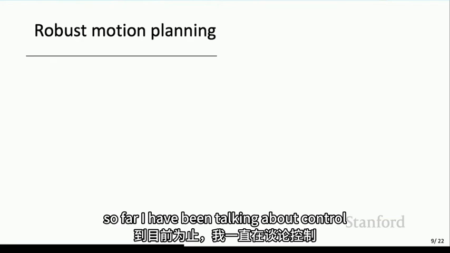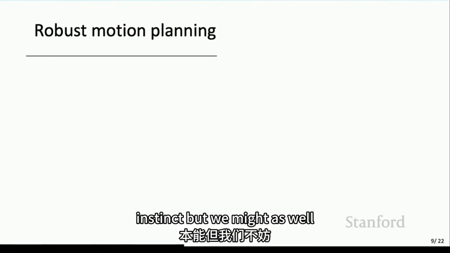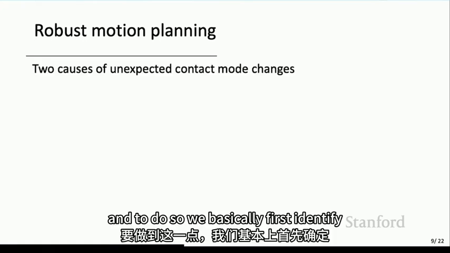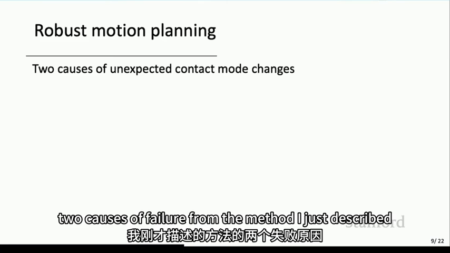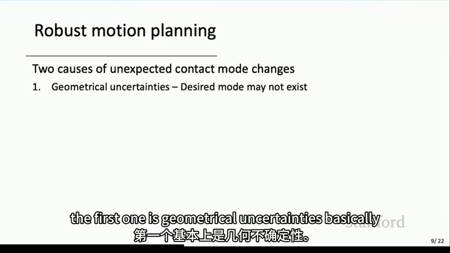So far I have been talking about control, basically how do we make sure things don't go wrong at one time instant. But we might as well extend that time horizon a little bit and do planning for robust motion over a longer horizon. To do so, we first identify 2 causes of failure from the method I just described. The first one is geometrical uncertainties.